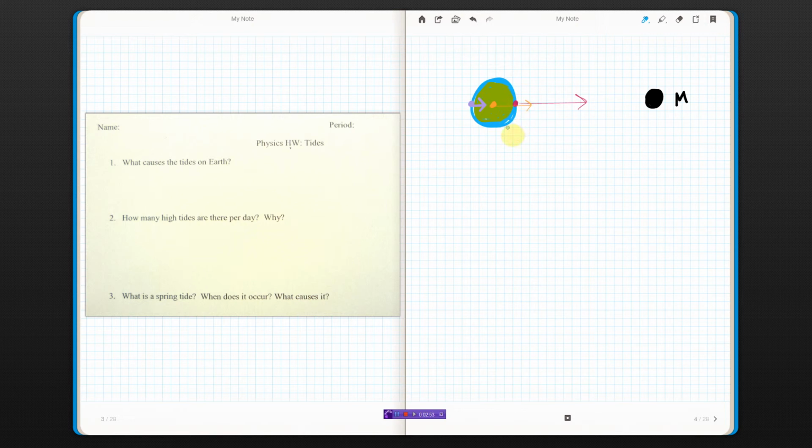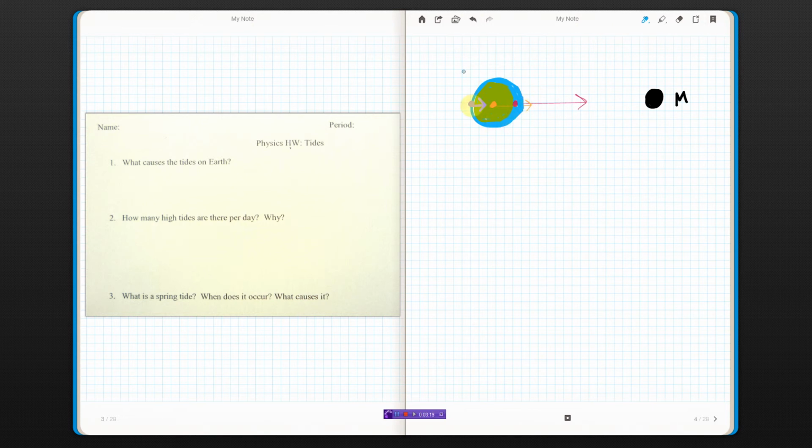But water moves a lot easier than land, so although the land does bulge out, maybe 6 inches or something, nobody notices. For one thing, it's over a huge area. But people do notice that the water tends to bulge out on this side. Totally not to scale. I think I've said that several times, but I want to make that really clear. So you get this bulge over here.